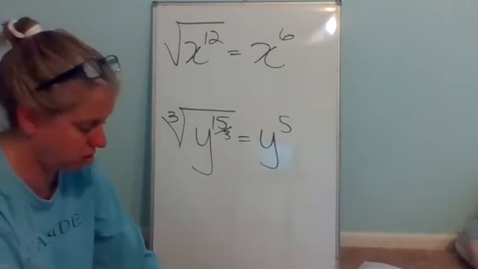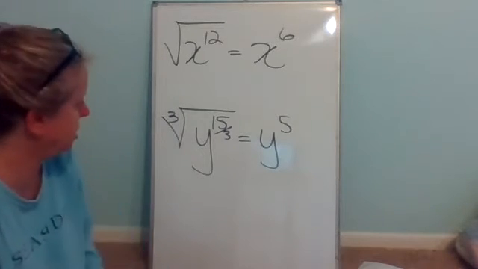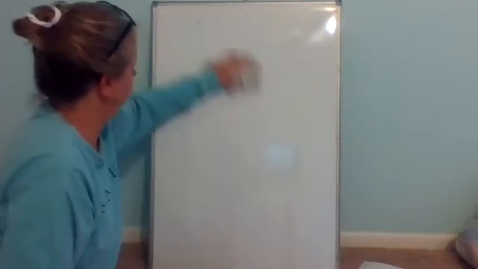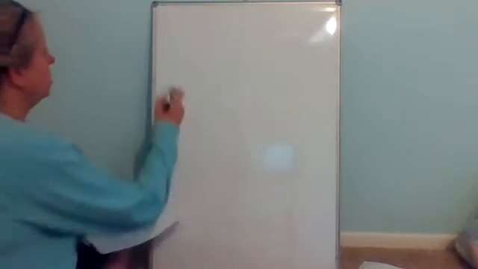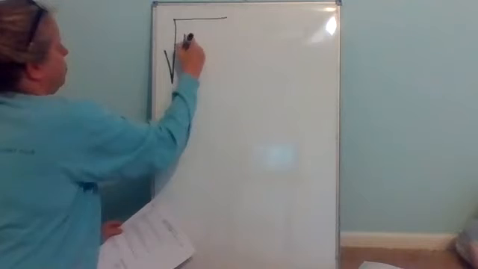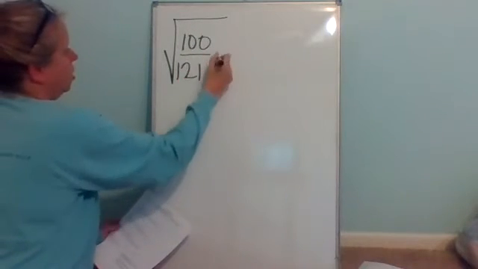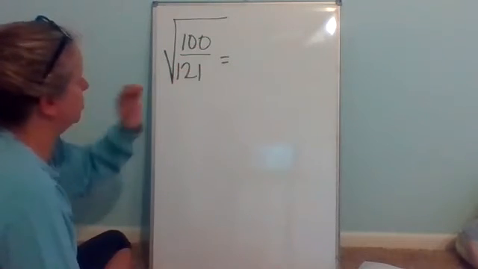All right, 10.3. There's 11 in this section. When you're taking the square root of a fraction, just like what we were doing earlier, remember, it just kind of said to treat them separately.